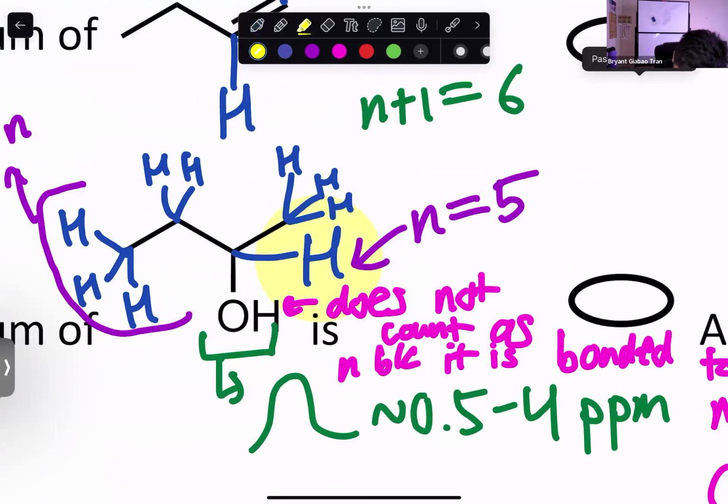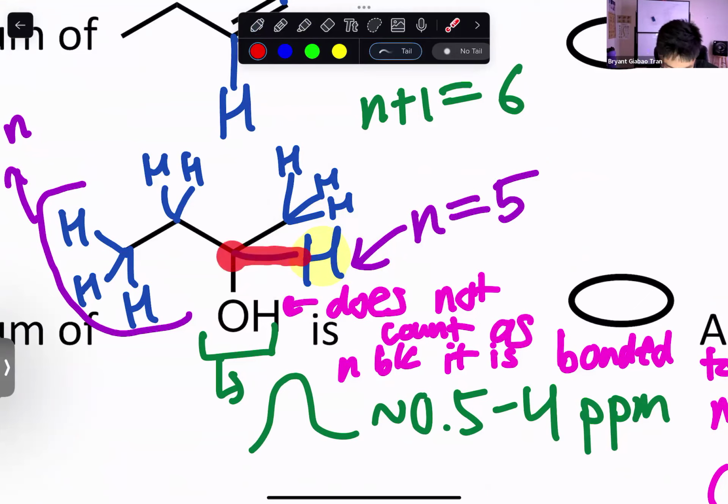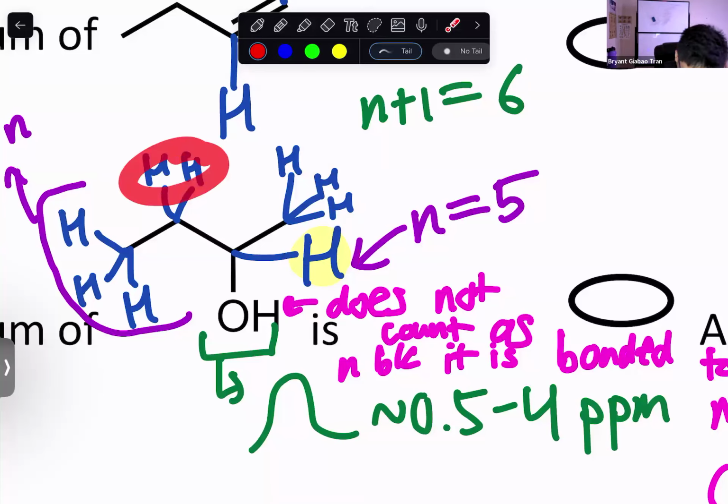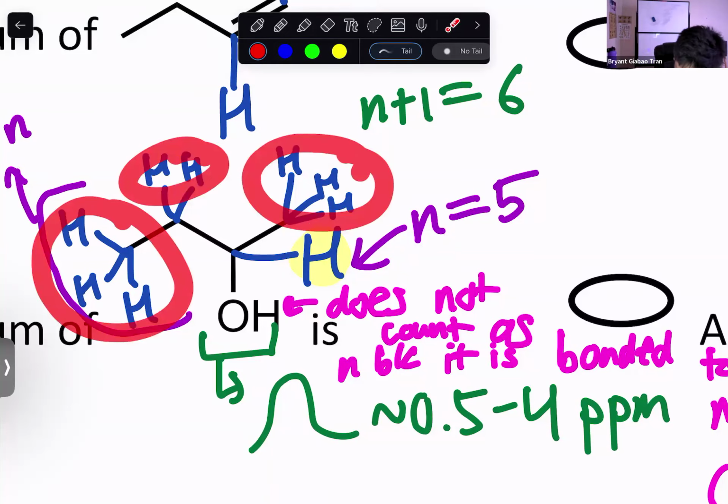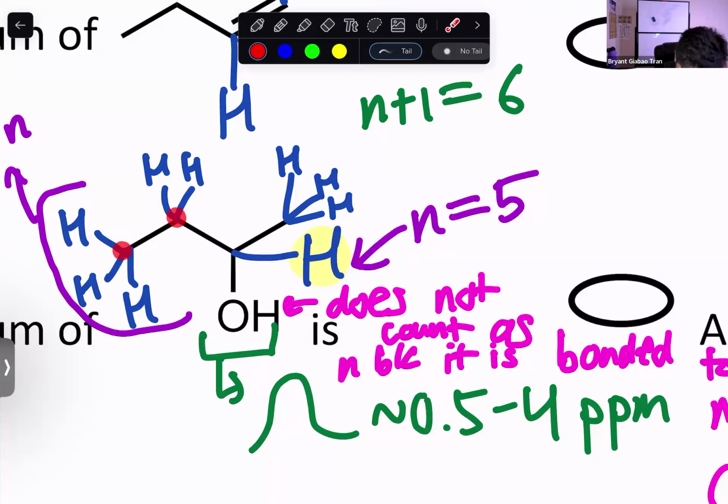It's the most interesting because it's going to be the most de-shielded, the most downfield hydrogen, where it's attached to the most electronegative atom, oxygen, here, right? Meaning that this hydrogen is going to be on the most left side, which will be easy to identify compared to these boring carbon hydrogen bonds that are not bonded to an electronegative atom, right?